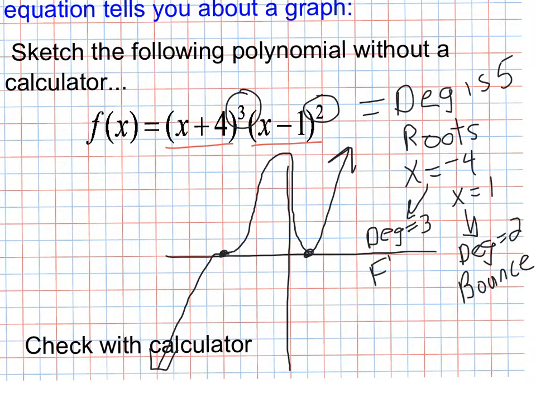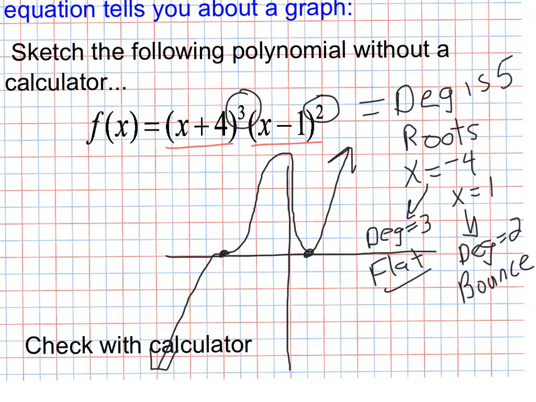That creates a flattening at that root. So that would be a quick sketch. Now if you want to pause this and check it with your calculator, please do so. I will wait for just one moment for you to pause.